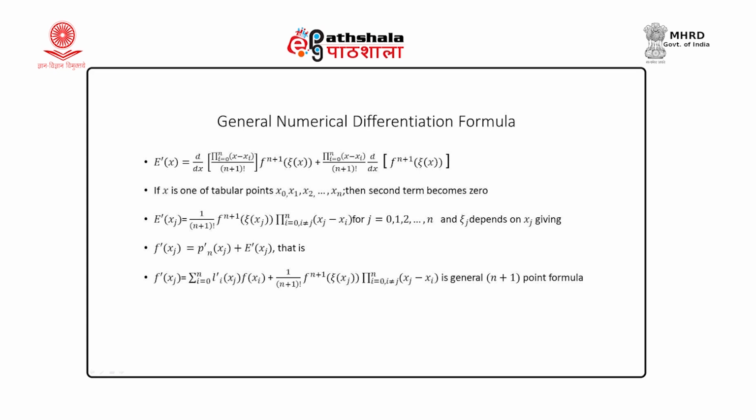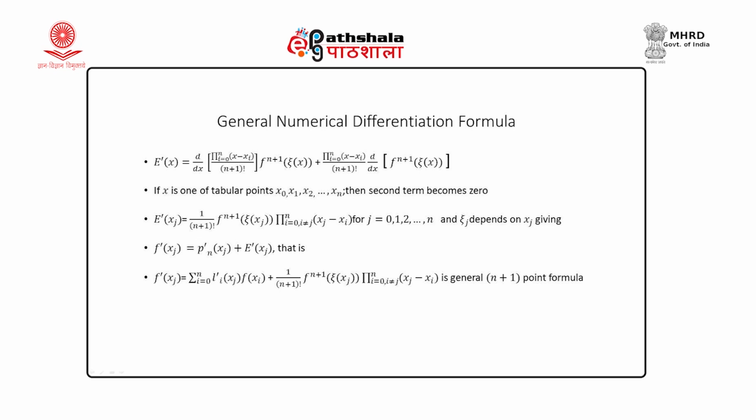And so, we can say that f dash x j is, put the term p n dash x, what we have derived, sigma L i dash at the point x j f x i, plus the derivative term 1 upon (n plus 1) factorial, f (n plus 1) derivative at xi, at the point x j, and product i equal to 0 to n, i different from j, x j minus x i.